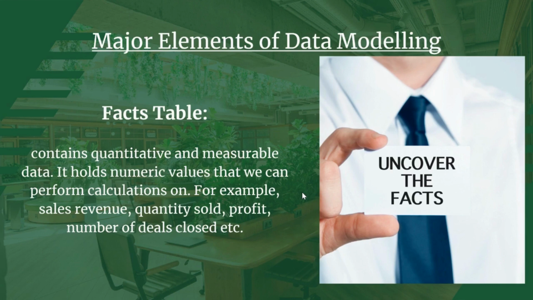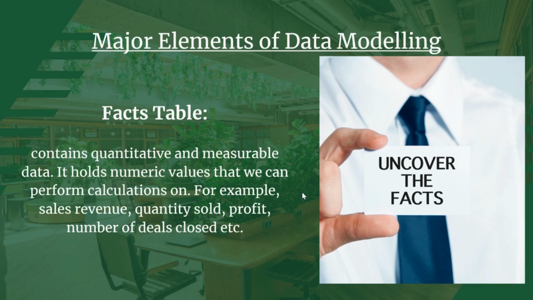So, what are the major elements of data modeling? In the world of data modeling, we often encounter two critical table types, which are the facts table and the dimensions table. Let's explore each of them. The facts table contains quantitative and measurable data, which are numeric values that we can perform calculations on.